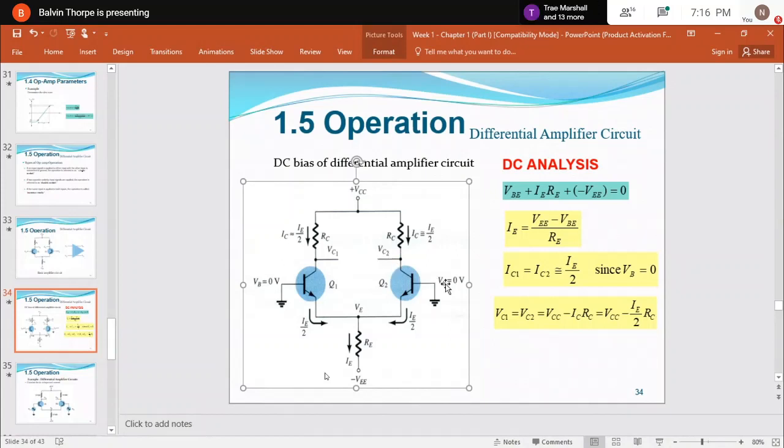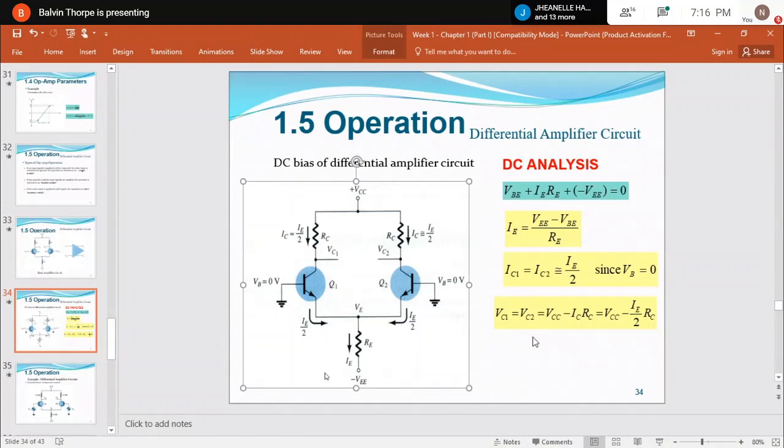So even though you don't have any voltage here, if you apply a voltage here, you still get a voltage at VC2. And likewise, if you apply a voltage here, this is grounded, you're going to have a voltage here because of the voltage applied at VB2, and you're going to have a voltage here also because of what you apply. That's because the two emitters are tied together. Okay?